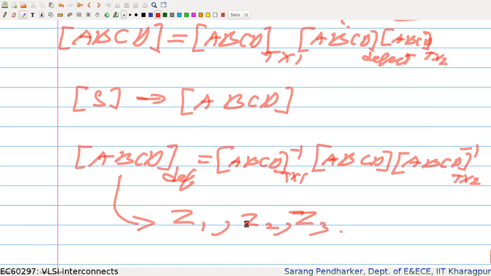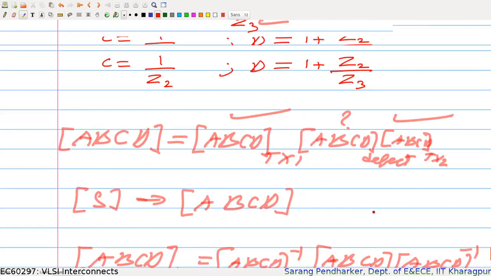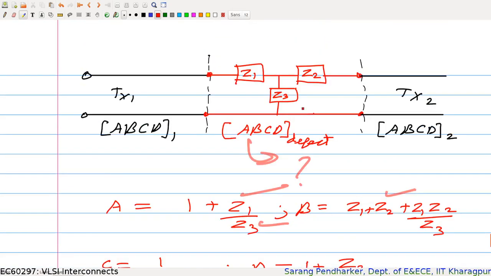So this is another benefit of the scattering parameter based approach, that you can extract or say you can circuit model the defects and bends also in your interconnect.